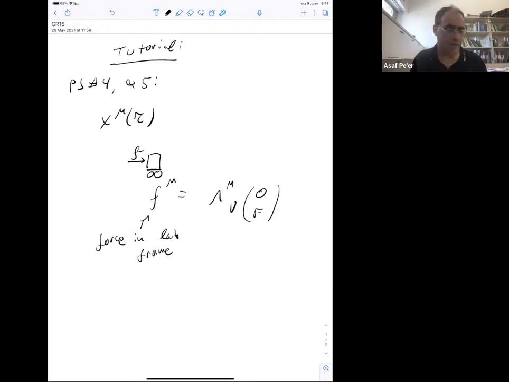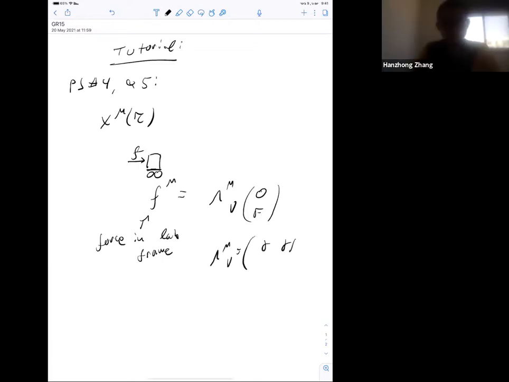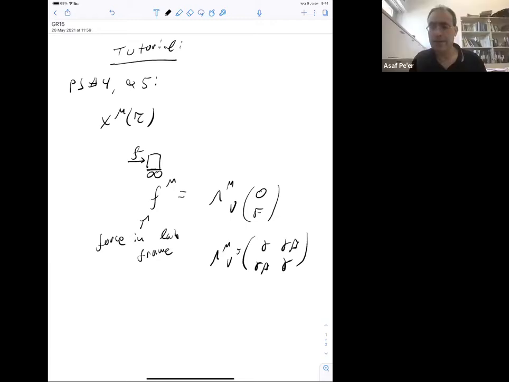And the Lorentz transformation, of course, depends on the particle's velocity. Lambda mu nu is just gamma, gamma beta, gamma beta, gamma. Gamma is the particle's Lorentz factor, beta is the particle's speed.